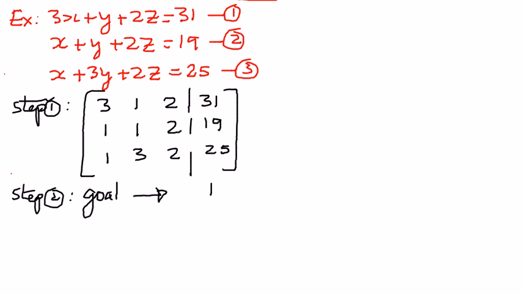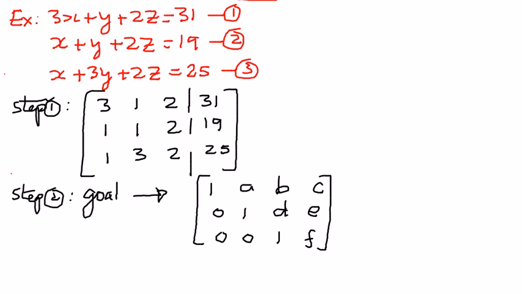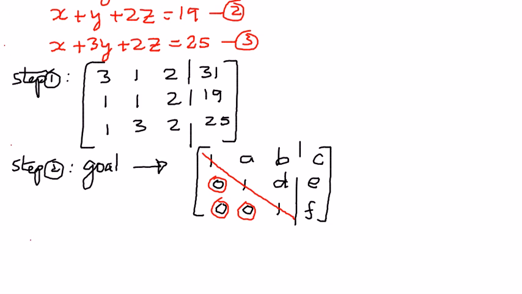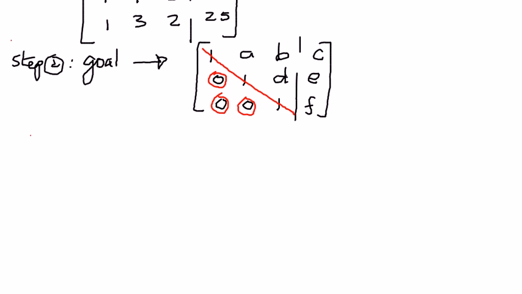We want 1, A, B, C, 0, 1, D, E, 0, 0, 1, F. So we want to make sure that we have ones along the diagonal and then zeros below the diagonal, like that. And that is what we want to achieve. So now we will use the row operations procedure and try to simplify this process.